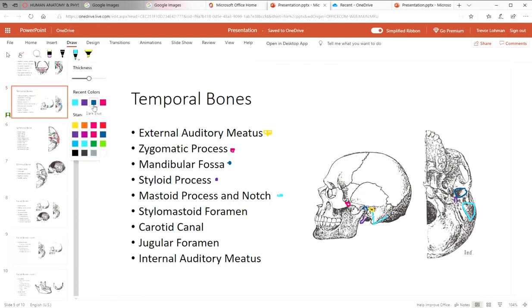The notch I will do in maybe a light green, and it's right in this area here. Mastoid notch. The stylomastoid foramen is right in between the styloid process and the mastoid process, right there. Very small. It's even tough to see on a real skull.